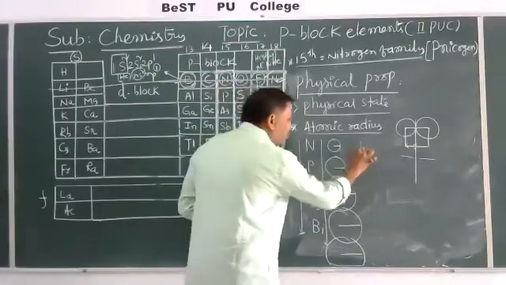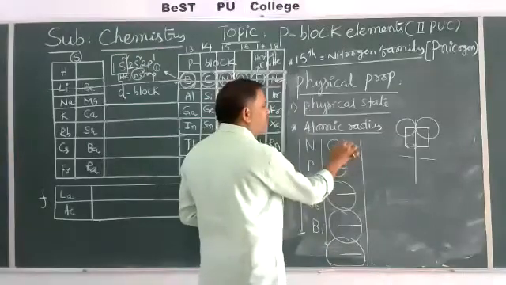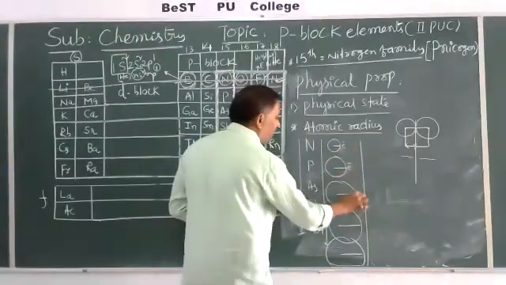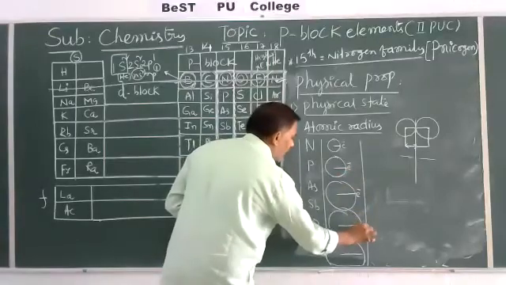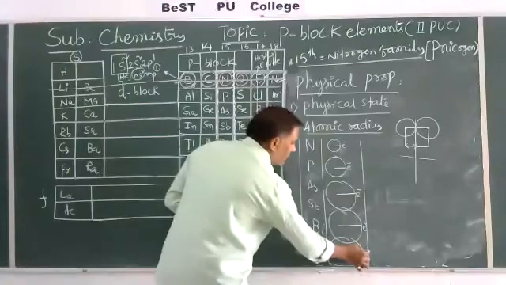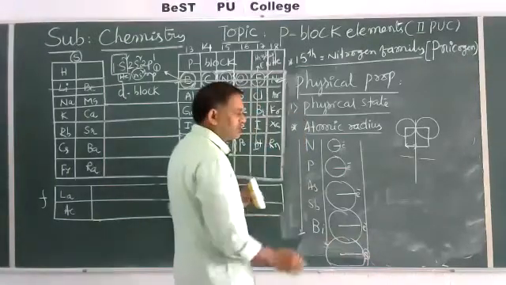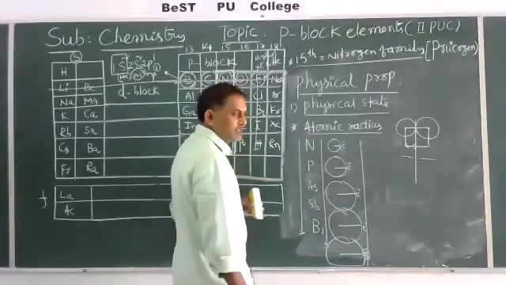So whenever covalent radius increases from top to bottom, the electrons are loosely bonded in the outermost orbit. The distance increases from the nucleus to the outermost orbit. Valence electrons are loosely bonded. That's why size increases.